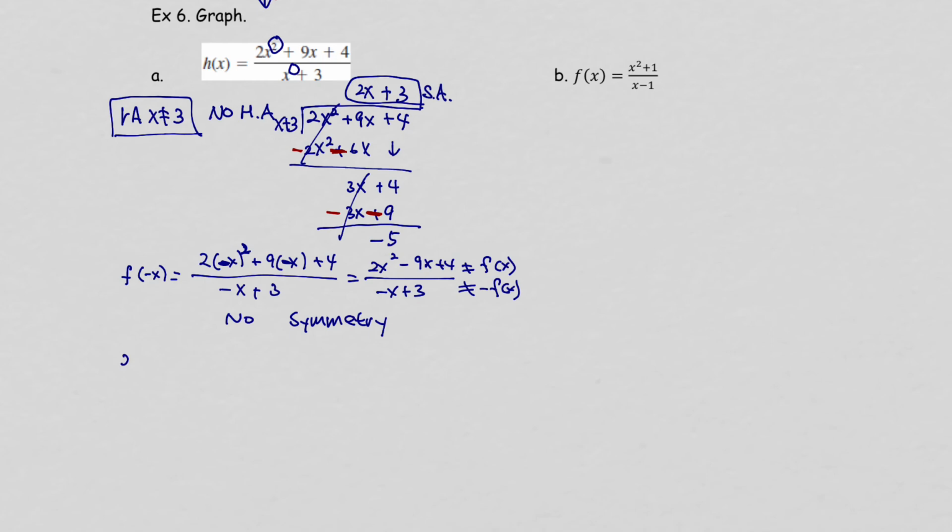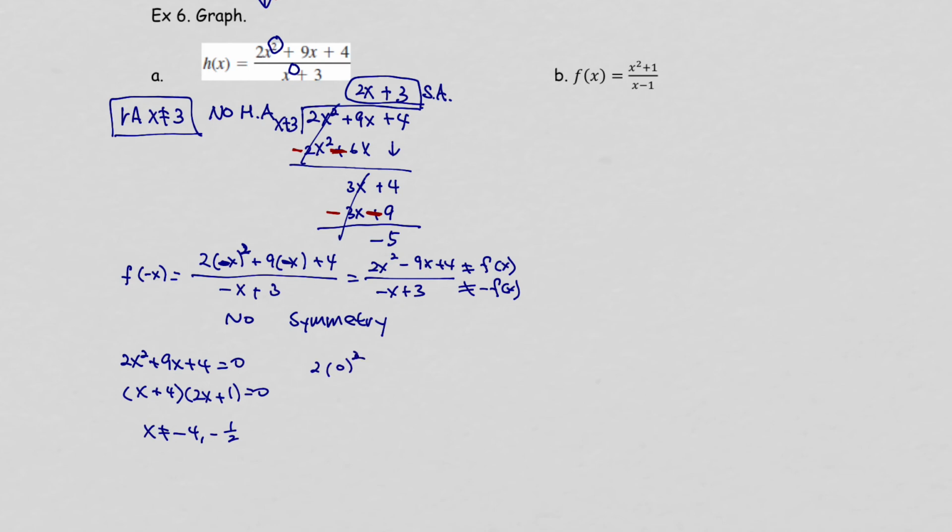For the x-intercept, let the numerator equal 0. So when you factor, you get x plus 4 and 2x plus 1. So x equals negative 4 or negative 1/2. For the y-intercept, let x equal 0.